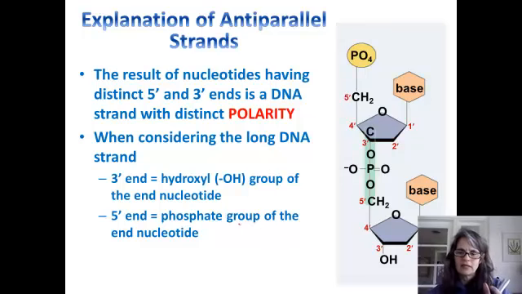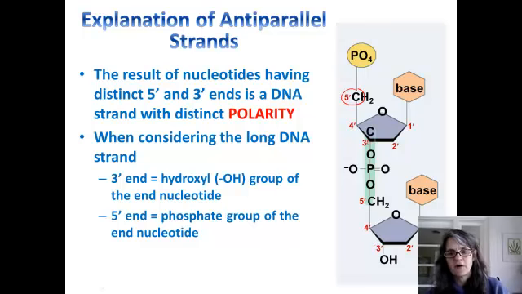When we link nucleotides to make the long chain, phosphate, sugar, phosphate, sugar, phosphate, sugar, okay? We have the phosphate group attached to the 5'. Then there is this 3' carbon that is going to attach to the phosphate group of the next nucleotide in the chain.